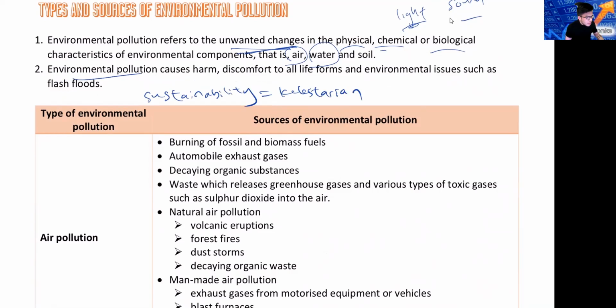As I told you last week, we cannot keep driving petrol cars. 99% of cars on the road now are petrol cars. We can't be doing this for the next 50 years, not without harming the environment anyway. So we say that driving a petrol car is not very sustainable, tidak begitu lestari. That means you can't keep it going for very long.